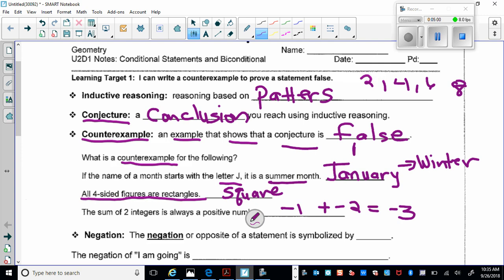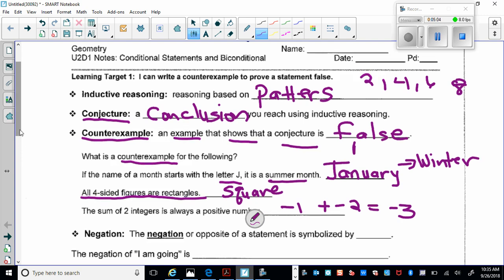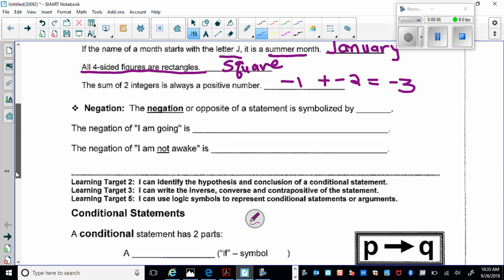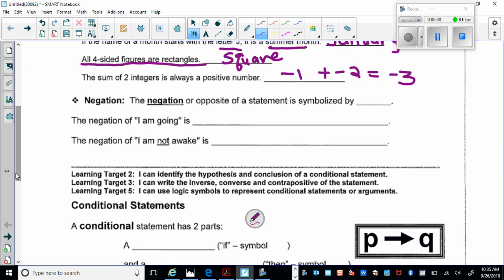All right, the next definition we're going over is negation. I know most of you are military family, and you've probably heard your parents say negative. It means no, right? And it's the same thing. It's the opposite. So negation is not always the no part. The negation, or opposite, of a statement, in geometry, instead of writing not, we use the symbol, the wiggly line.